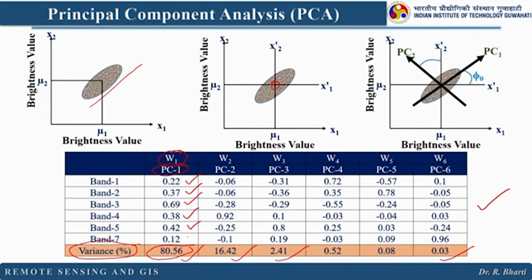Suppose you want to identify some material which is sensitive in band 4. Then you have to look for those PCs which have minimum or maximum weightage of band 4. Here it is maximum, and here it is minimum. You have to find out those PCs where it is minimum and maximum with respect to the other available loadings.